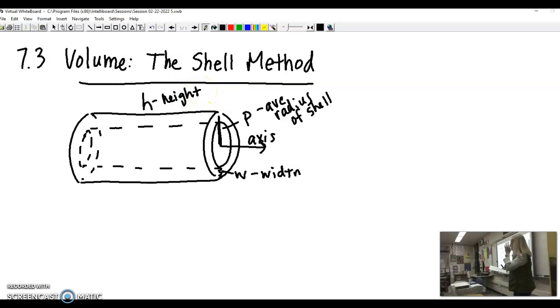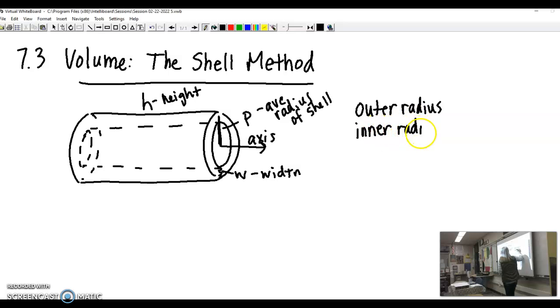Okay, so we're going to use geometry. We're going to find the volume of a shell, just using geometry. Okay? Is that average radius? Yeah. So let's label outer radius and inner radius.